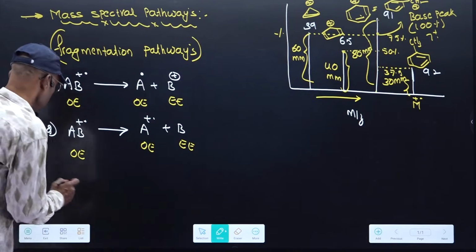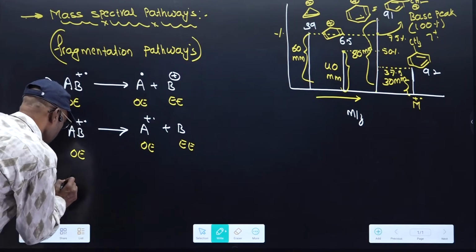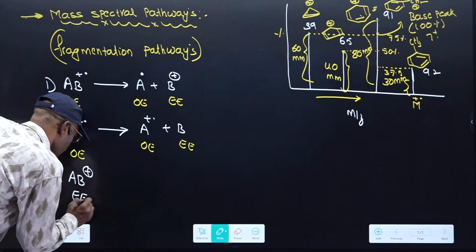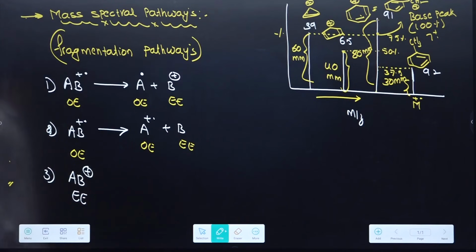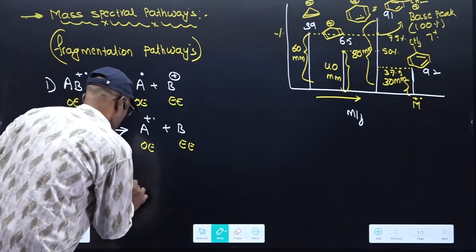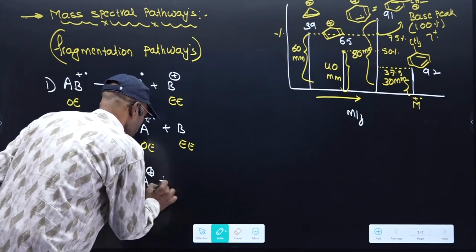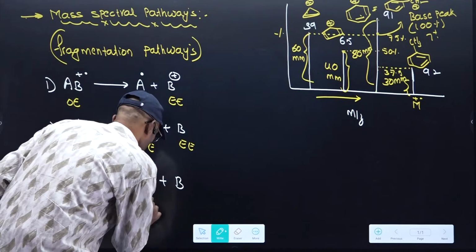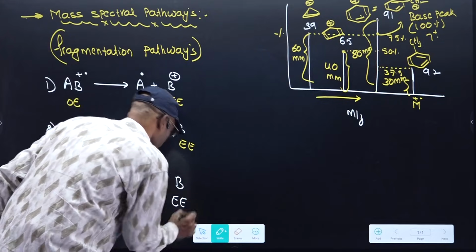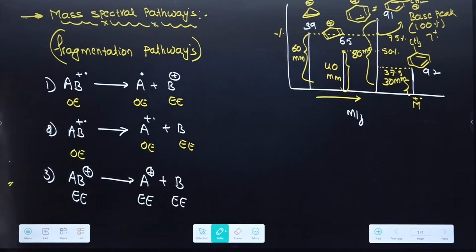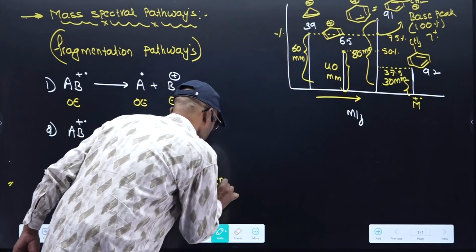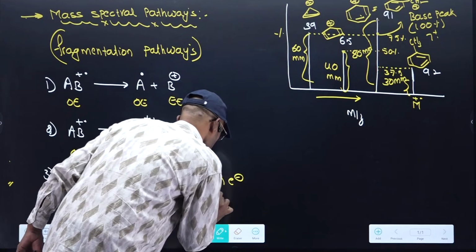Then this is called the even electron rule. The even electron rule says that whenever I take any even electron species, that will give one even electron and one even electron. So both will be even electron only. This is called the even electron rule. This rule you remember.